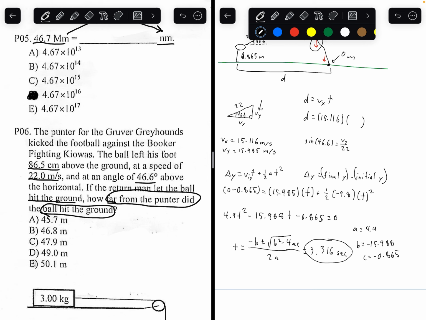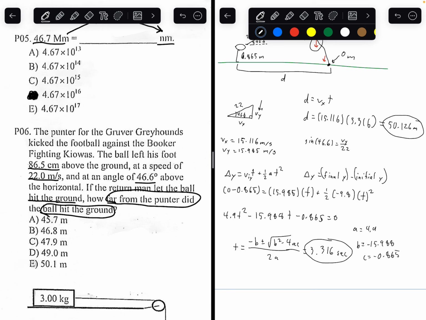That's how long it takes for the ball to hit the ground. Plugging that into our initial equation, 3.316, and solving for the displacement in the x direction, you would get 50.126 meters.